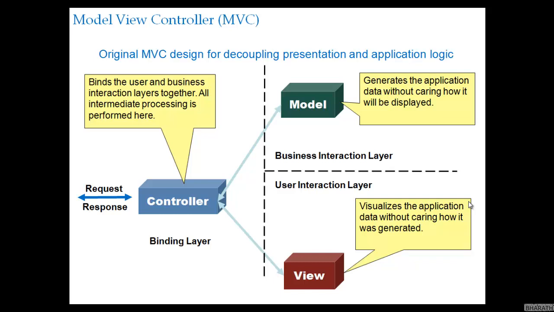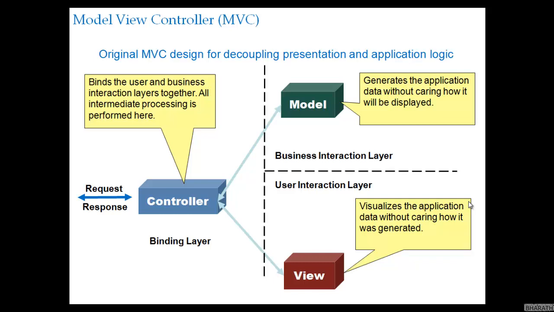The purpose of the view is to design the screen layout. So for the view, it doesn't matter how data is being fetched or how data is being pushed to the SAP system. The view visualizes the application data without caring how it was generated.